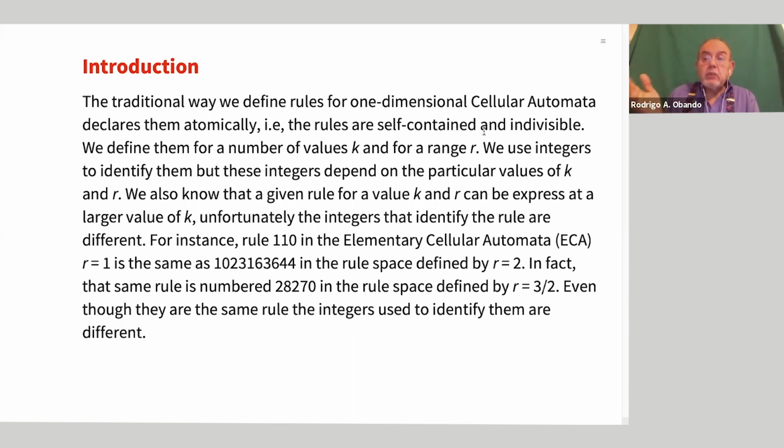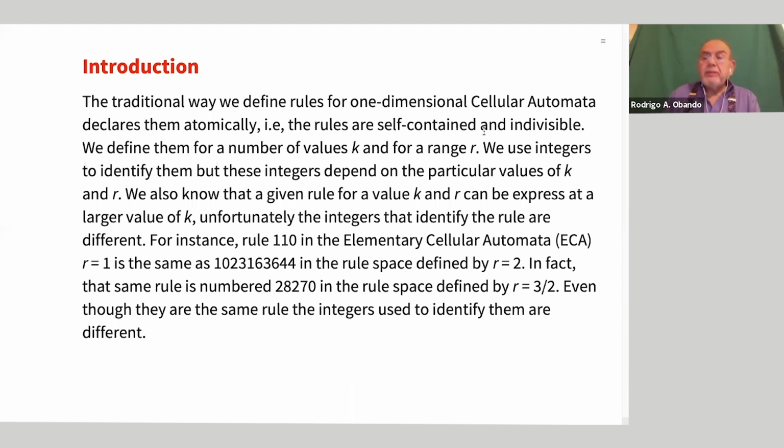For instance, rule 110 in the elementary cellular automata, where r equal to 1, is the same as that long number, 1,023,163,644, in the rule space defined by r equal to 2. In fact, that same rule is number 28,270 in the rule space defined by r equal to 3/2.